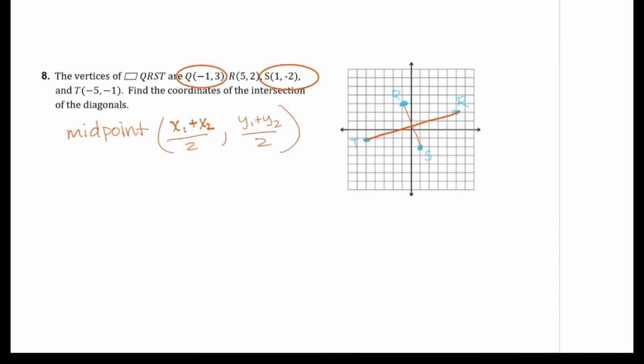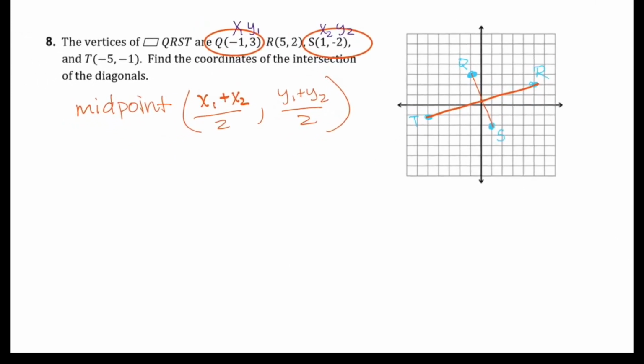So let's do Q and S. We add the x's, -1 plus 1, divide by 2. And for the y's, we have -2 plus 3 over 2. -1 plus 1 is 0, divided by 2 is still 0, and -2 plus 3 is 1, over 2 is 1/2.